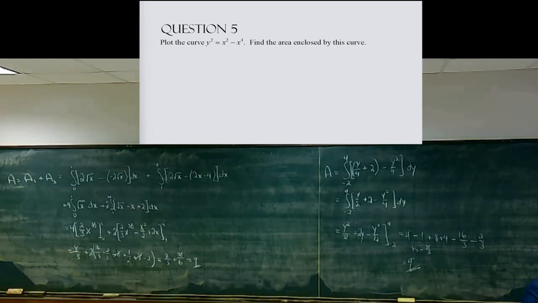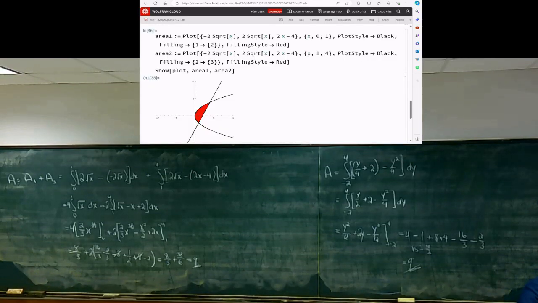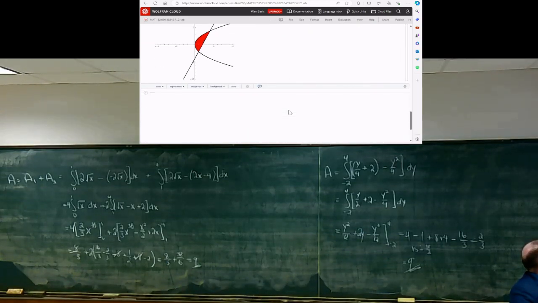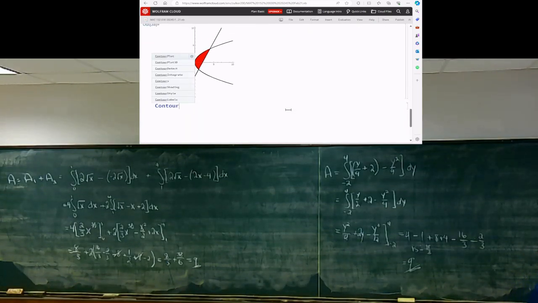Right, so we're going to plot the curve y squared equals x squared minus x to the 4th, and then find the area enclosed by the curve. Enclosed by, well, that's new. Contour plot y squared equals x squared minus x to the 4th.